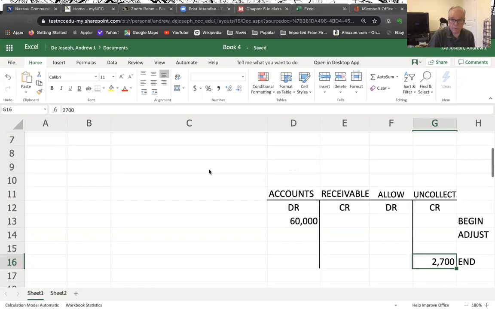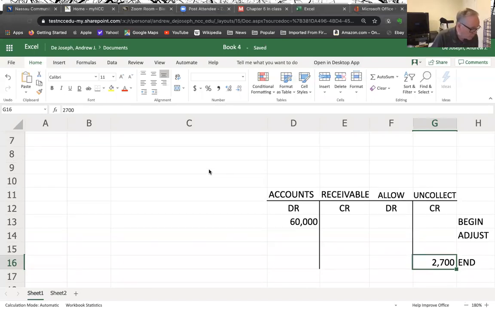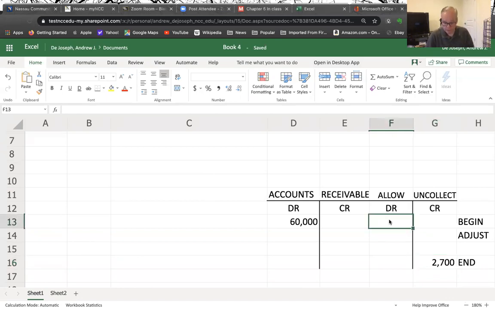Right, now, we have some questions to answer. Record the December 31st, 2021 adjustment, assuming the balance of the allowance before adjustment is 400 debit. So the beginning amount is 400 debit.